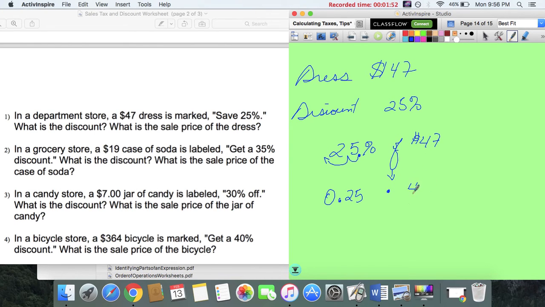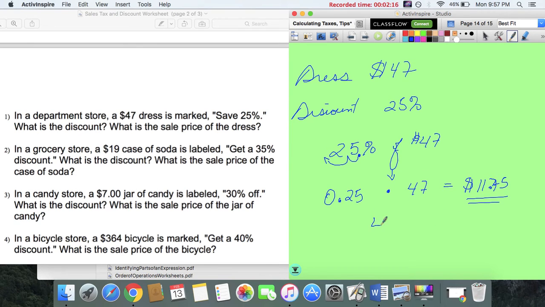I'm going to multiply that by 47. So you're going to take a calculator because we're going to do 0.25 times 47. And if you look at your calculator, it's going to give us $11.75. So 25% of 47 is $11.75. So this is the part that you're going to subtract from 47.